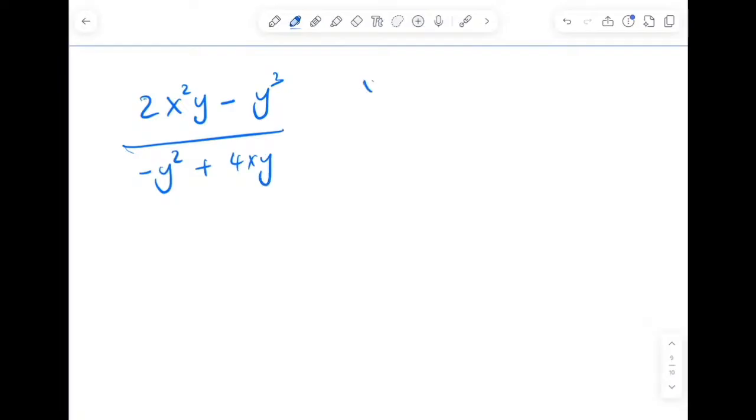Let's just say x is equal to -2, y is equal to 3. I want you to evaluate this. What do I mean by evaluate? You pretty much substitute all the x and y with a particular number.